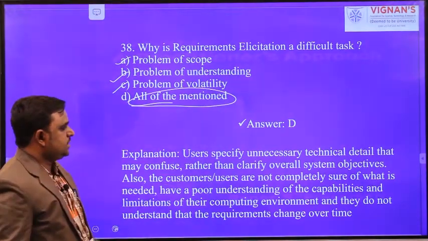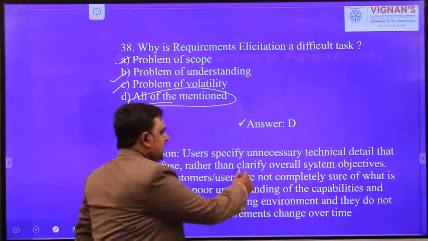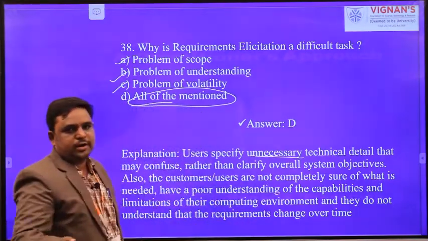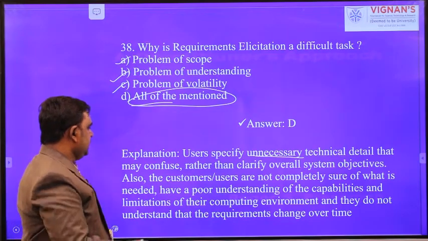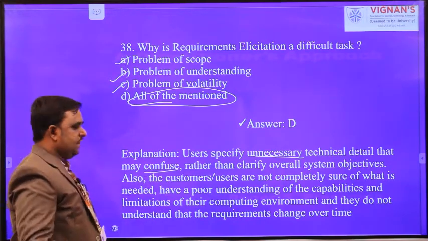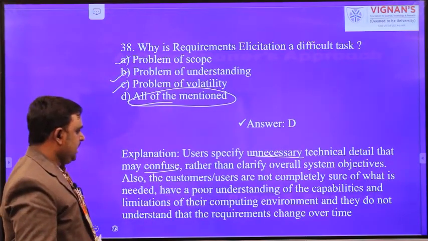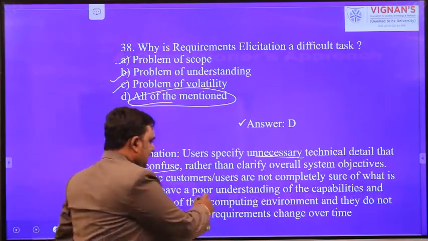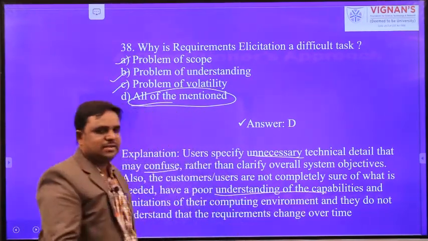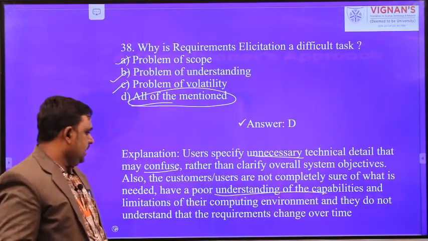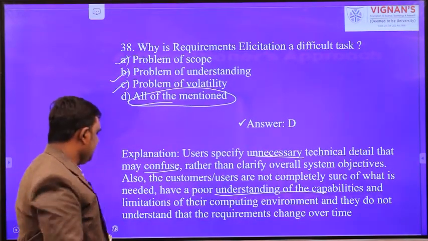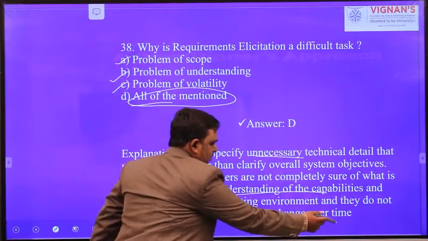Here the user specifies unnecessary technical details. As I already told you, the user doesn't have an idea of technical details, so he is going to confuse and doesn't have clear information. He has poor understanding of technical knowledge, and does not know that requirements can change over time.